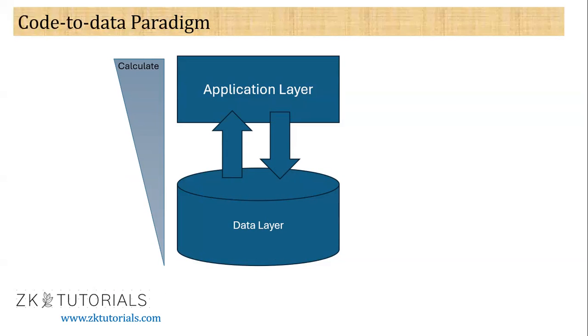Applications were designed to retrieve all the data needed at once, and complex calculations and operations were then performed on the internal tables in the application layer. For example, we want to fetch the MARA table records. Firstly, we will fetch all the MARA table records into our application layer, and if we want to do any processing or calculation on those records, we do all the processing on the internal table at the application layer.